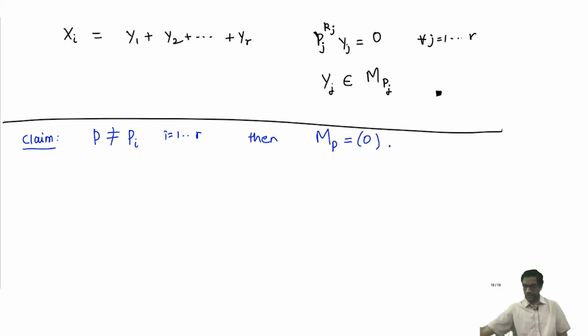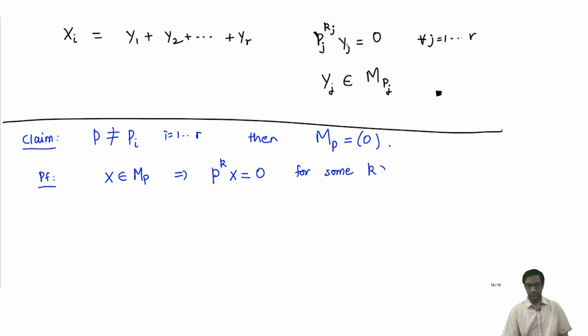Okay, why is this? Well, again, let's see the proof. Suppose I have an element in M_P, suppose x belongs to M_P. What does this mean? It means that it's killed by some power of P, right? P to the k x is 0, for some k greater than or equal to 1. Now, we have already shown that M is just the direct sum of the M_Pi's.